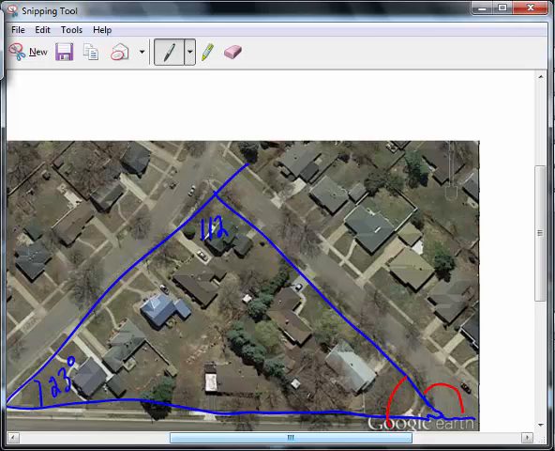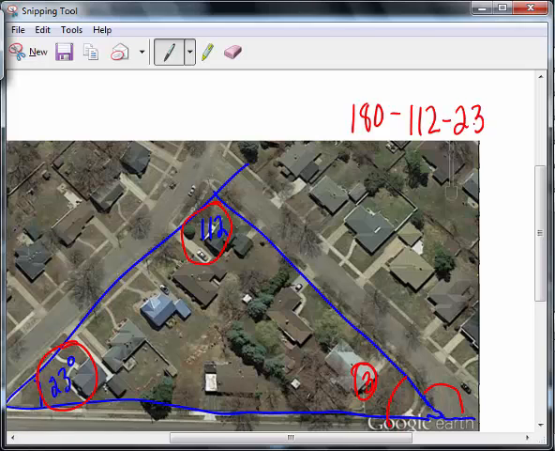Well, there's two ways to figure it out. One of them is that these two angles plus this angle here plus angle 3 add up to 180. So if we take 180 minus 112 minus 23, 180 minus 112 is 68, minus 23 is 45.